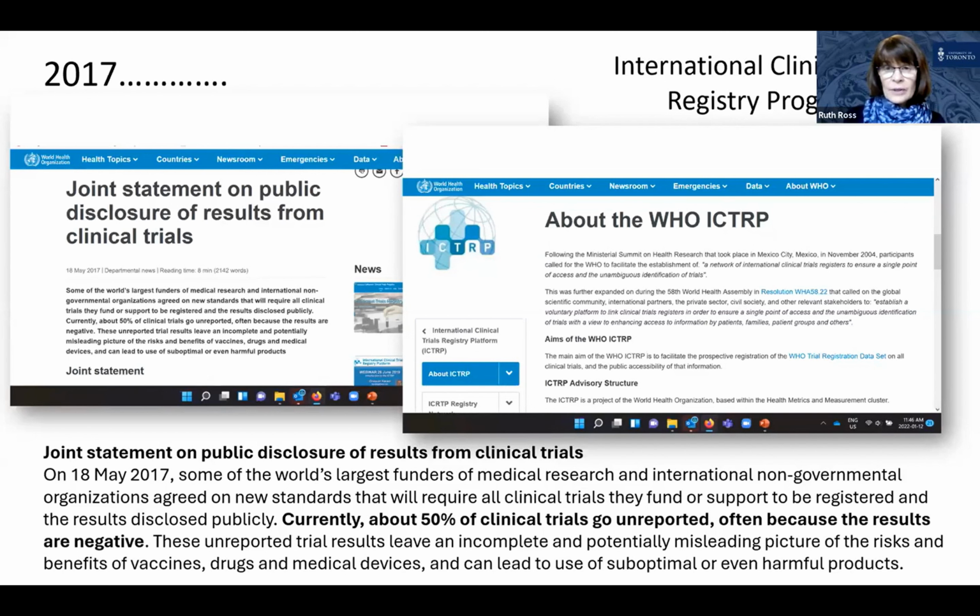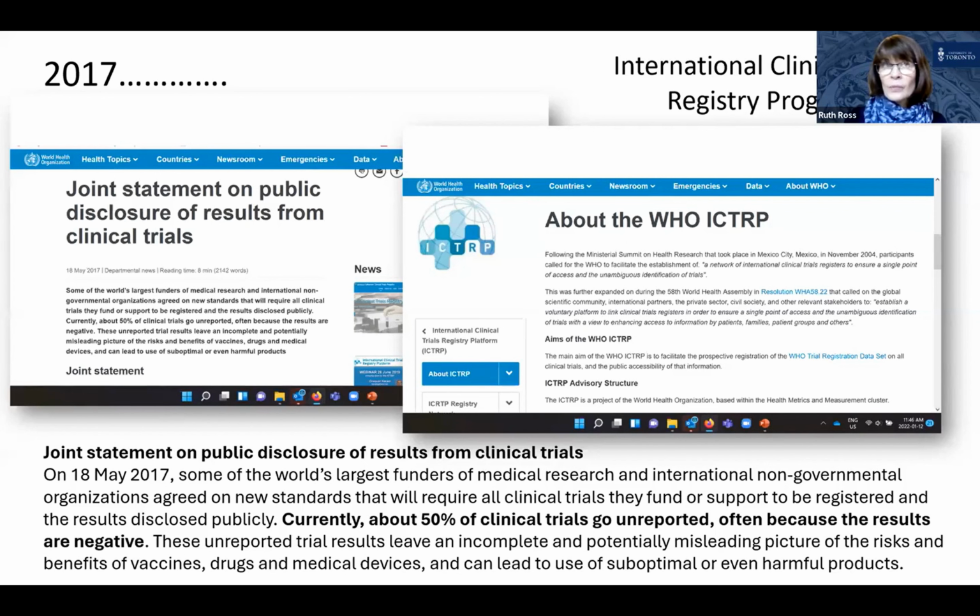And at this point, currently, about 50% of clinical trials go unreported, and that was in 2017, often because the results are negative. So what was happening was that people were conducting clinical trials and they weren't reporting the fact that the compound didn't work. Partly because of the reputational damage for the company, but this could also even be applying to things in the realm of medical use of cannabis.